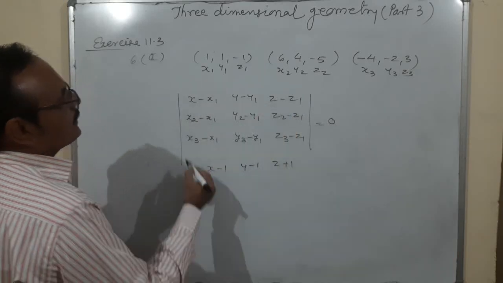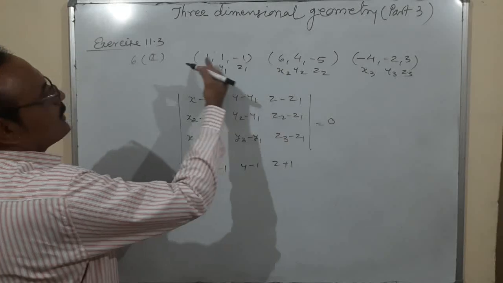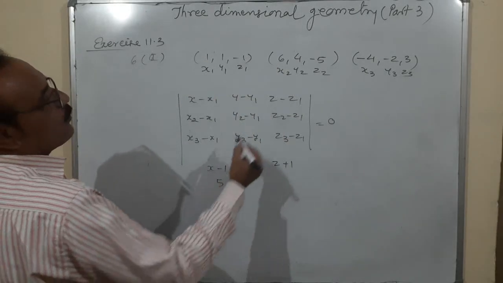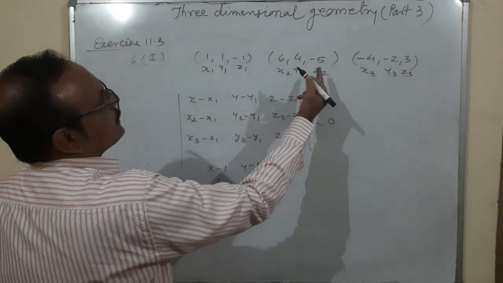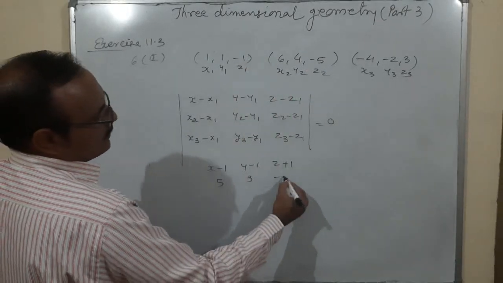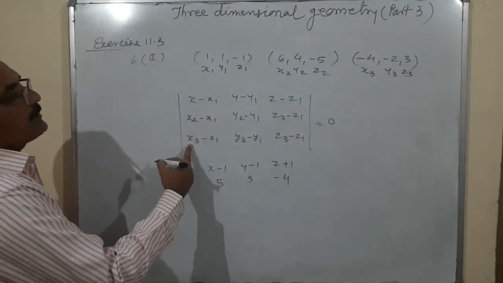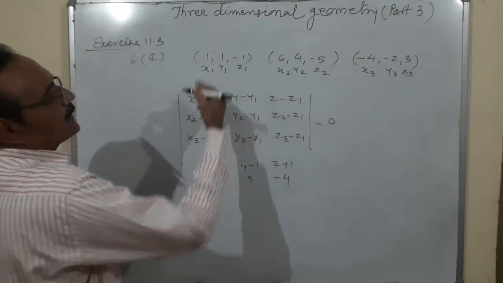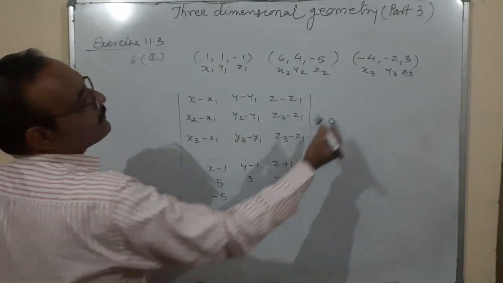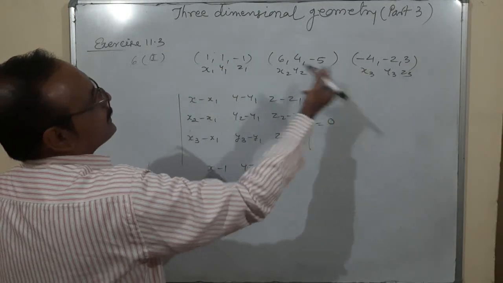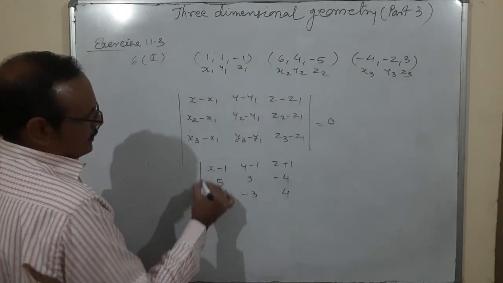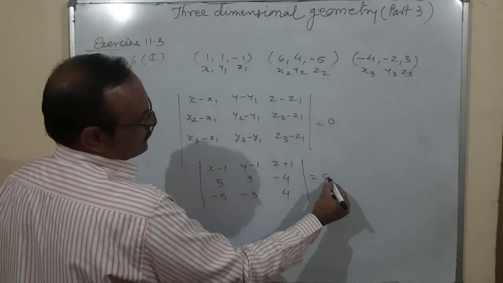Then x2 minus x1, 6 minus 1, it is 5; y2 minus y1, 4 minus 1, 3; and z2 minus z1, minus 5 plus 1, minus 4. Then x3 minus x1, minus 4 minus 1, minus 5; minus 2 minus 1, minus 3; and 3 plus 1, 4.